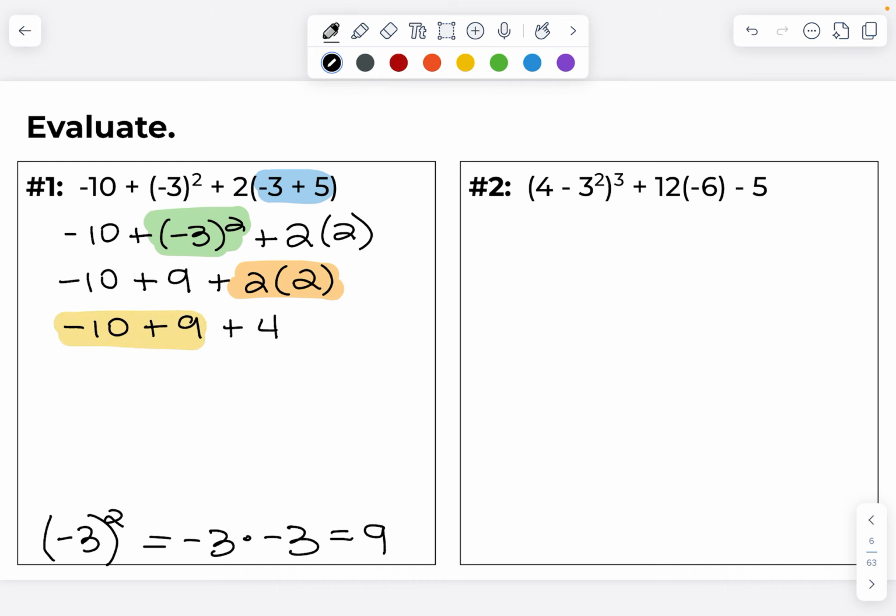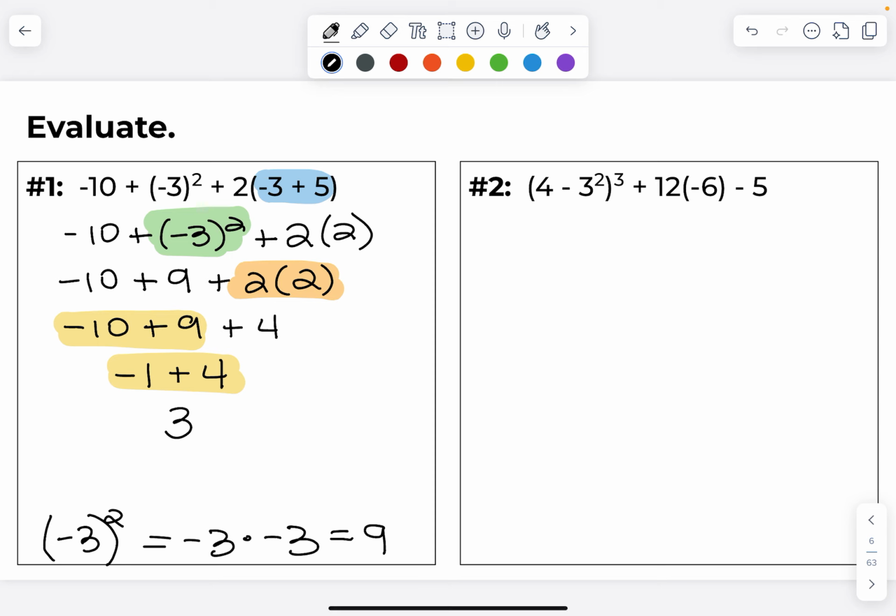So that'll give me a -1 plus 4. And then I've got my last little bit of combining. So -1 plus 4 is going to give me a +3. Okay, so that is number 1. I would love for you guys to try the second one now on your own. See what you can come up with, and then I will work it out and go through it with you in a second.